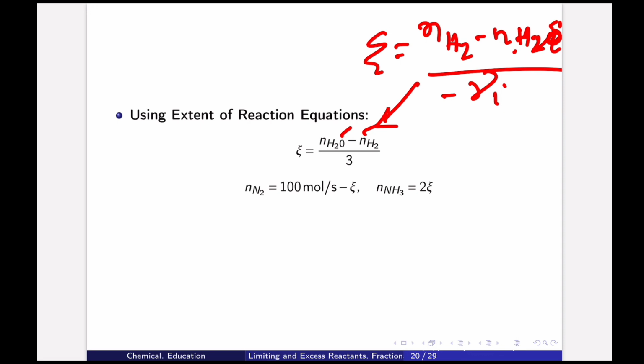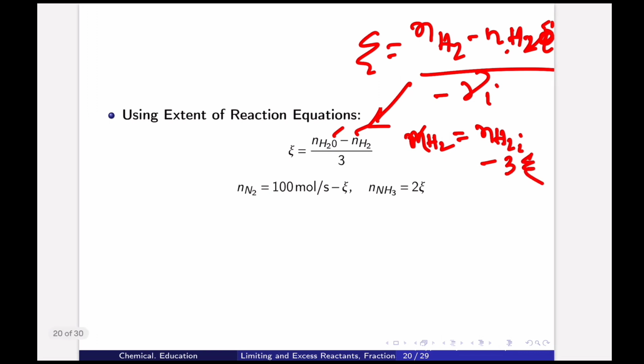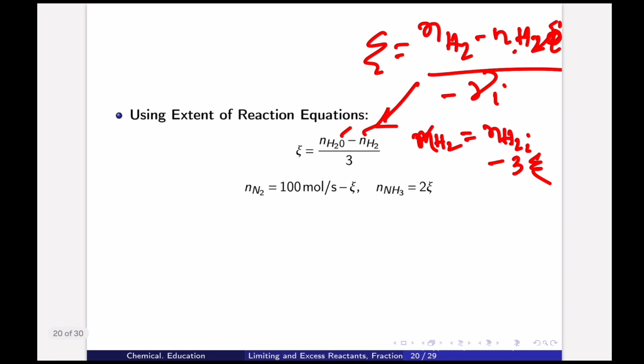Since hydrogen is a reactant, this is negative, so the initial comes first. From that we get moles of H2 equal to N of H2 initial minus 3 zeta. So N of N2 is 100 moles per second minus zeta, and N of NH3 is equal to 2 zeta.